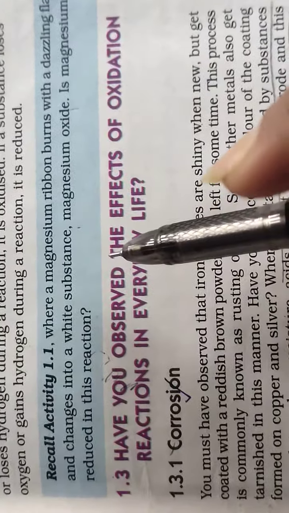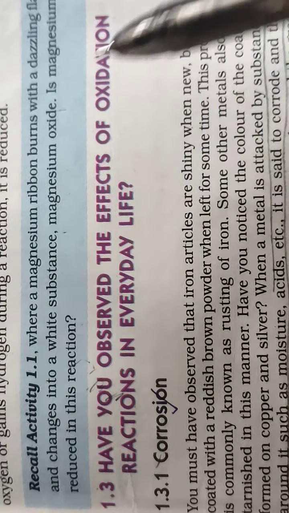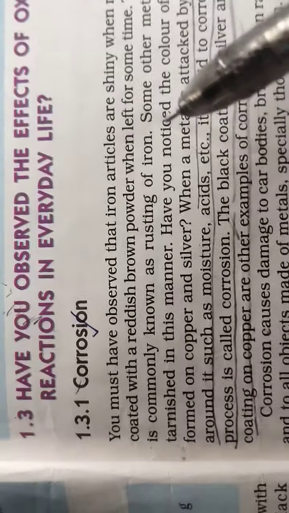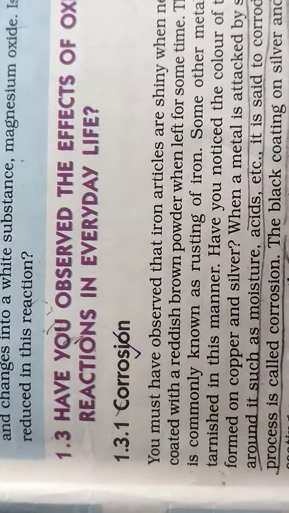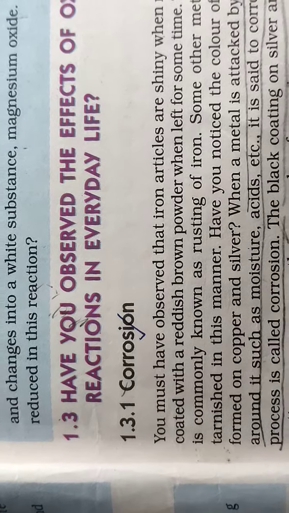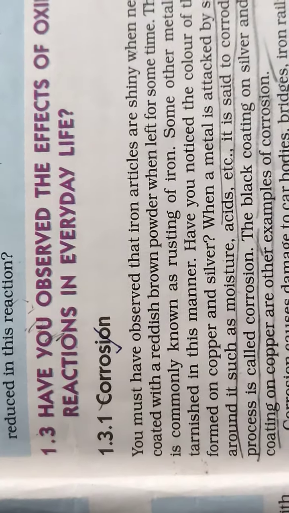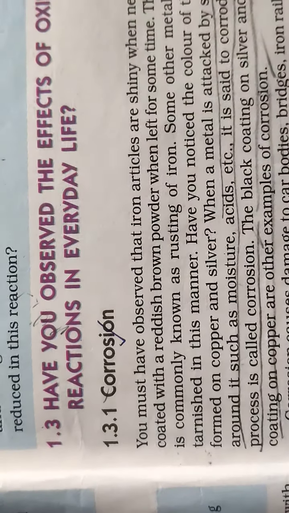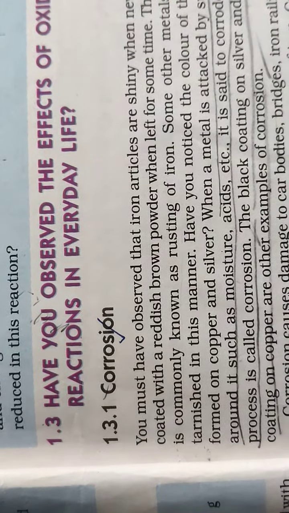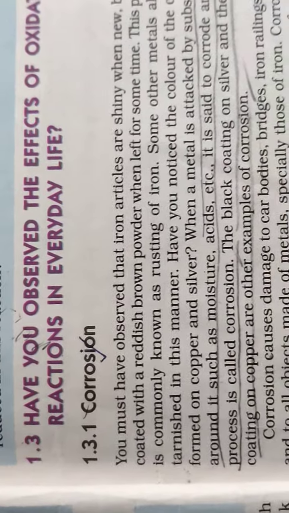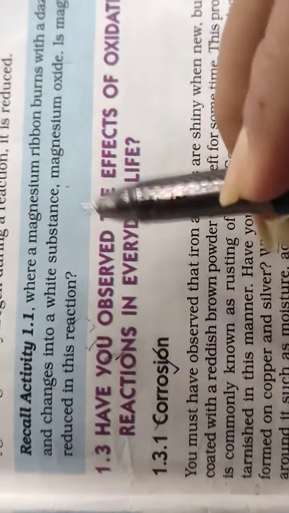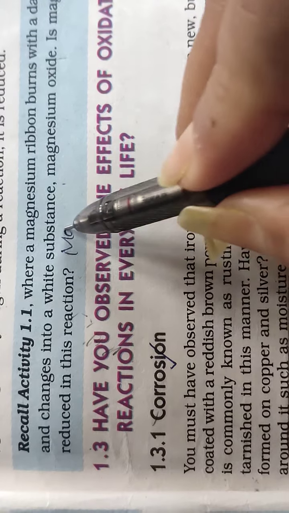So whenever a magnesium ribbon is burned, what happens? It forms MgO. Okay, as the magnesium gets the oxygen, that is why magnesium will be oxidized. I have already told you about this reaction, so I don't need to write it in the notebook. As magnesium gets the oxygen, Mg plus oxygen gives MgO.